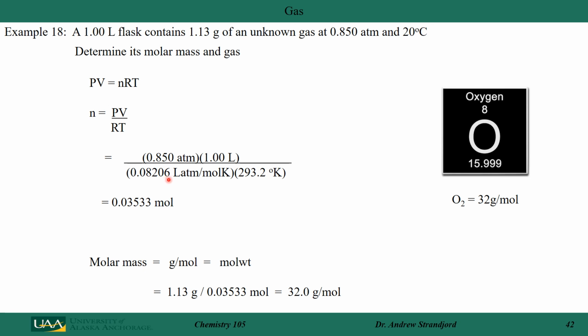I slide in my ideal gas constant, and I know the temperature, 273.2 plus 20 degrees. I can solve for the number of moles of that gas that are in my 1 liter flask. But I know the mass. So I know the mass and I know how many moles I have. I can now solve for grams per mole, which is just molecular weight. I go back to the periodic table, and lo and behold, oxygen, O2, has a molecular mass of 32 grams per mole, or 15.999 times 2.